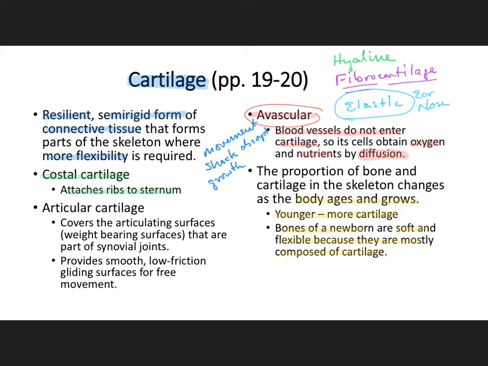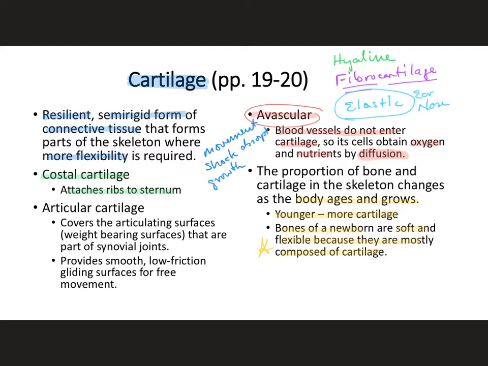Costal cartilage is actually the cartilage left over from forming the ribs. So a large part of our skeleton is made out of hyaline cartilage. That means as you get older, you can continue turning that cartilage into bone, which takes us back to here, how you lose cartilage as you age, and it can become harder and harder to breathe. So when we discuss the rib cage, we'll bring this point up again.